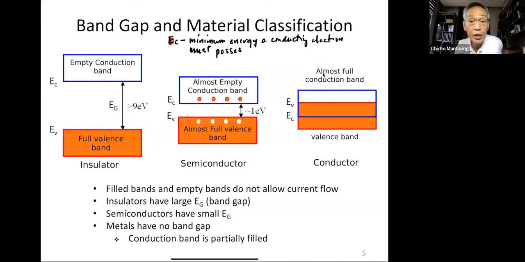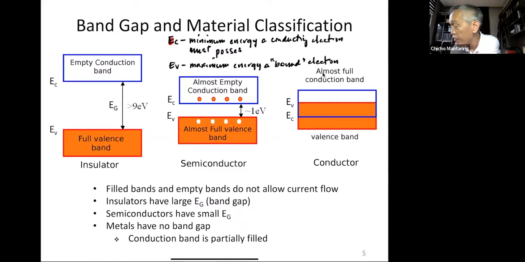The other end, EV, is the maximum energy a bound electron can have.